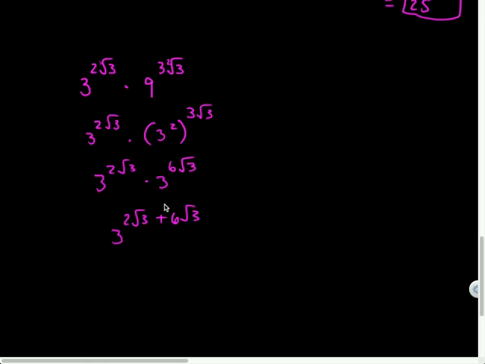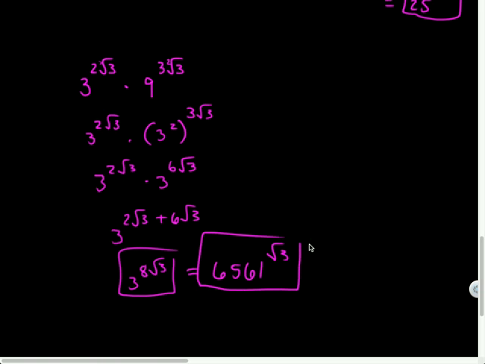Because the indexes and the radicands match, I just add them up like like terms. So that's 8 square roots of 3. And if I wanted, I could figure out what 3 to the 8th is. That's equal to 6561 to the square root of 3, if we were wondering.